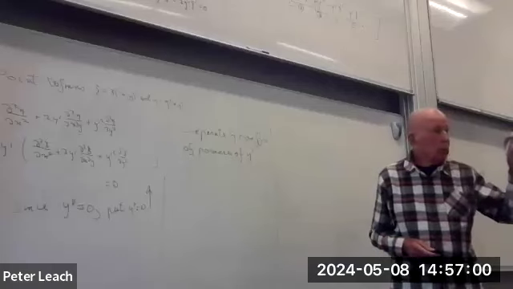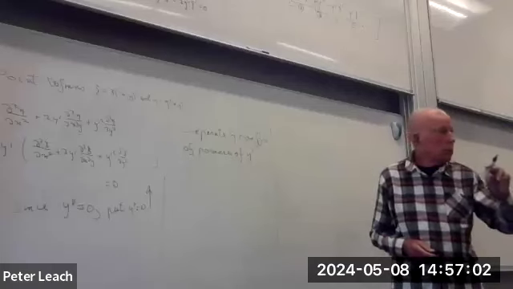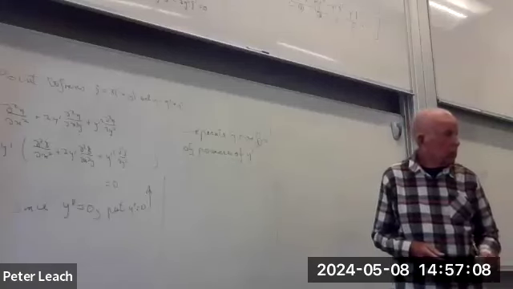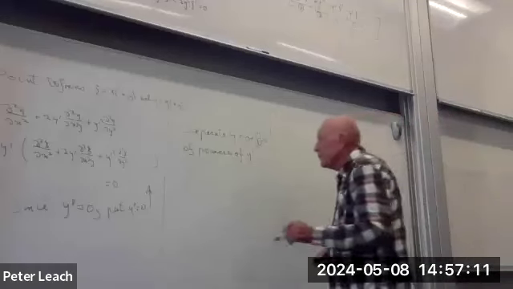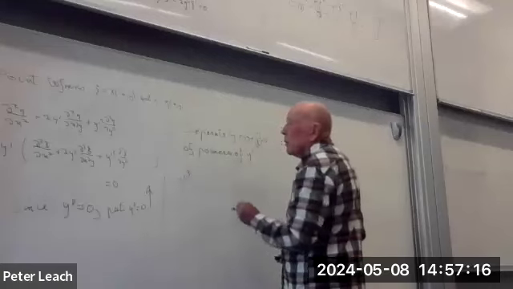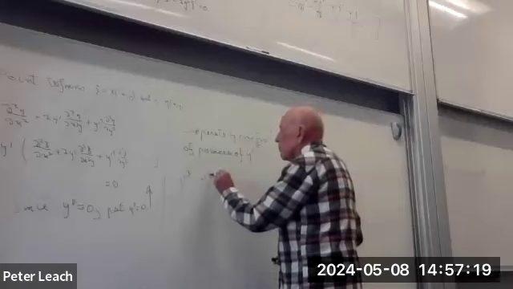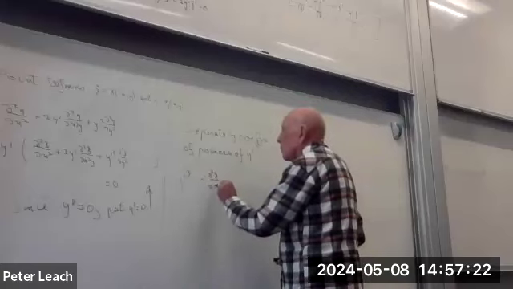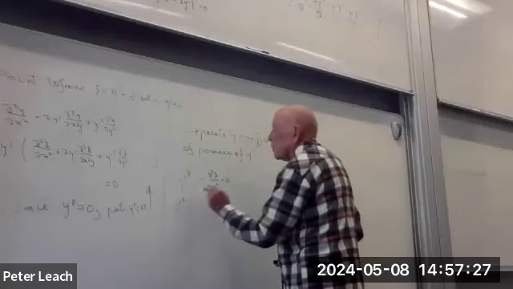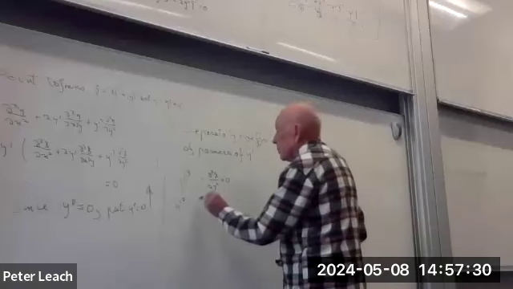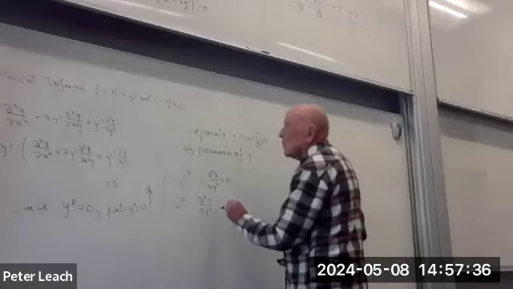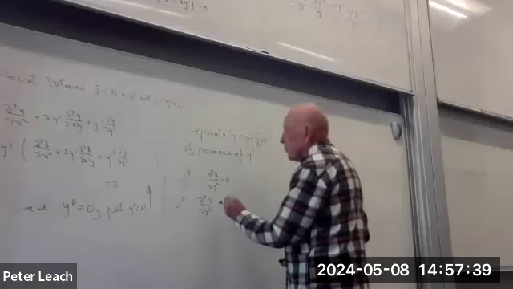So, y prime cubed is different to y prime squared, it's different to y prime, it's different to nothing. See? So we take y prime cubed, and we get something. That would be zero. Y prime squared, from the requirements.